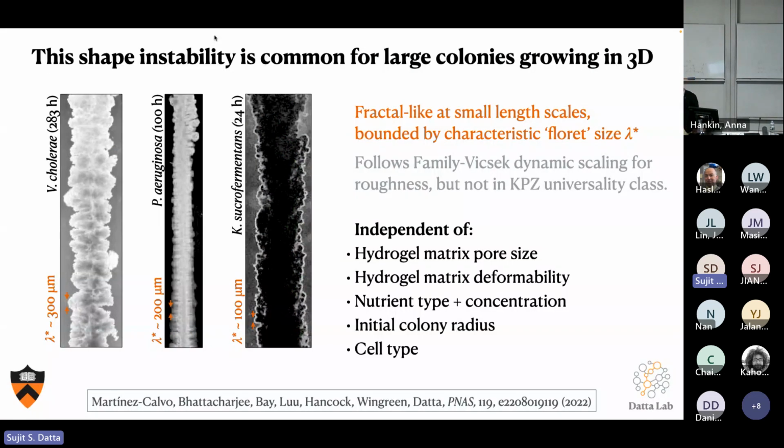What's interesting is that you mentioned pinning and depinning processes, which people in non-living systems have modeled using, for example, the KPZ equation. This is when you grow up or down. Exactly. What we found by looking at the power spectra of the fluctuations and the roughness exponents is that these growing cylinders follow what's called Family-Vicsek dynamic scaling.